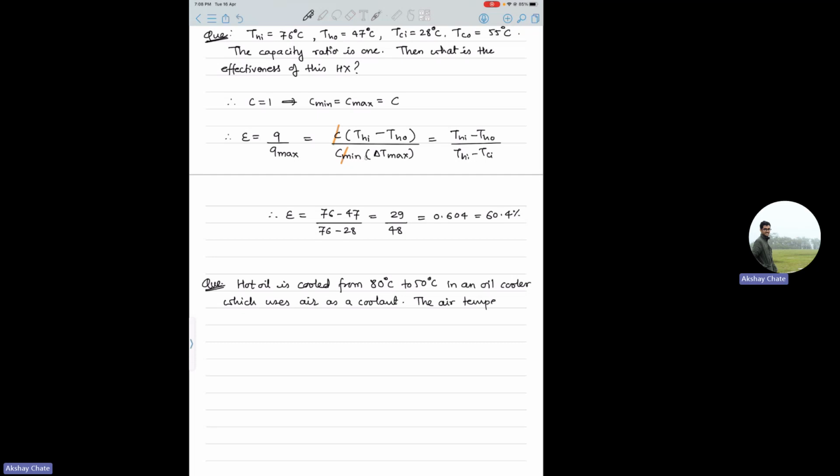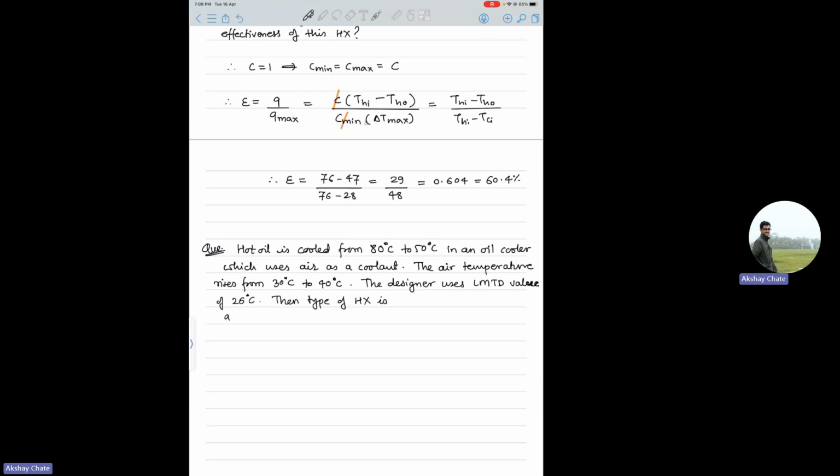The air temperature rises from 30 degrees Celsius to 40 degrees Celsius in the process. The designer uses an LMTD value of 26 degrees Celsius. Then the type of heat exchanger is?